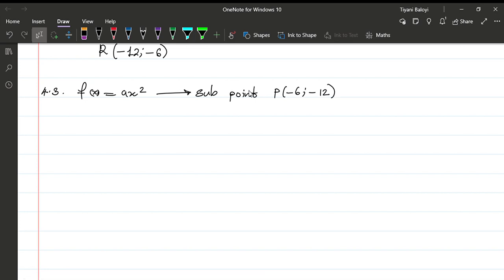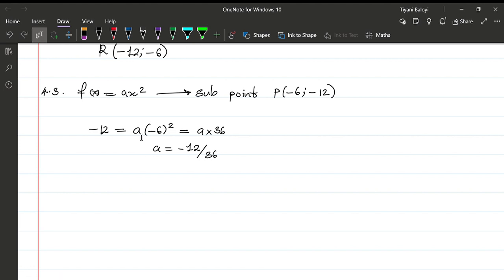So you will have minus 12 because that's your y value, and then you have a, and then 6 to the power 2. So this is a multiplied by 36. 6 to the power 2 is 36. So a is equal to negative 12 over 36. This is 12 divided by 36. I think it's 3. Just confirm that.